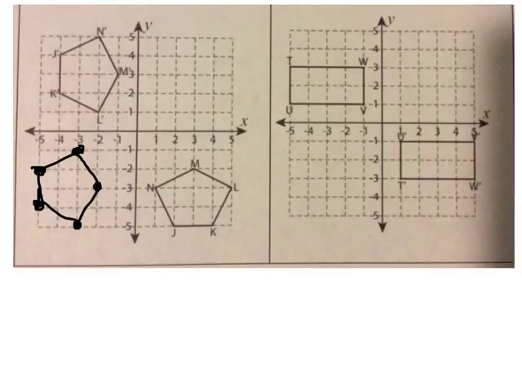Now let's look at our last shape. How would you translate TUVW into T prime U prime V prime W prime? Pay special attention to where each point is. In the original shape, U is at the bottom left, and in the new shape, U prime is on the top left.